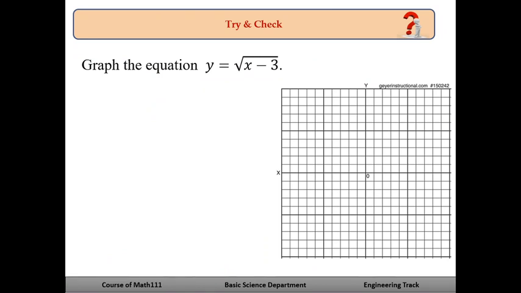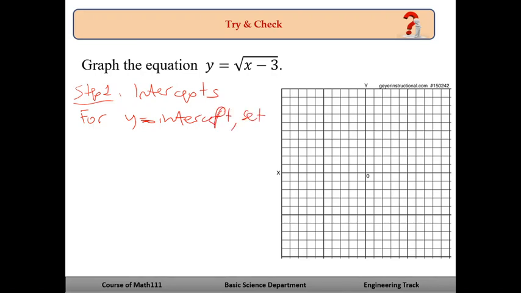Now let's graph the equation y equal to square root of x minus 3. Let's go with step 1, the intercepts. Now for the y-intercept, set x equal to 0.